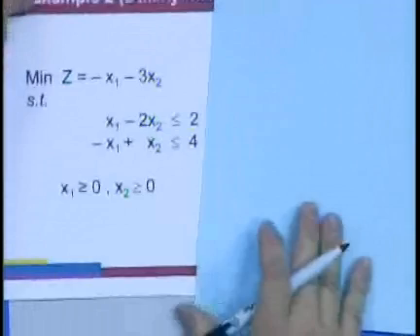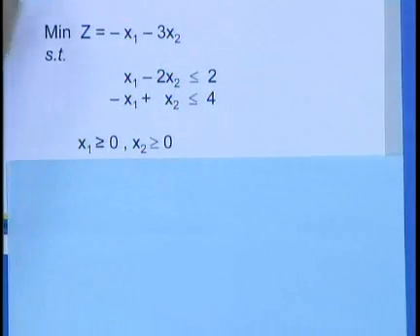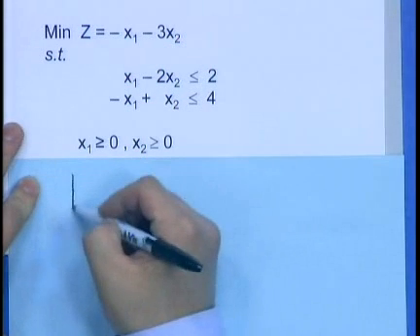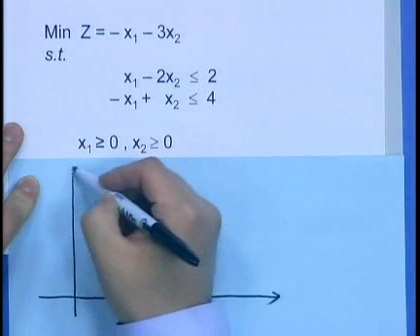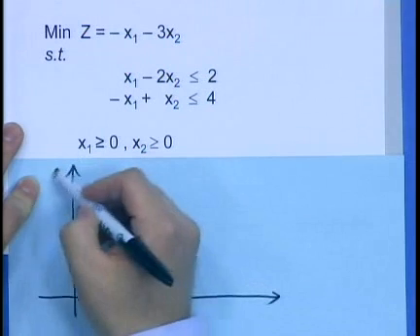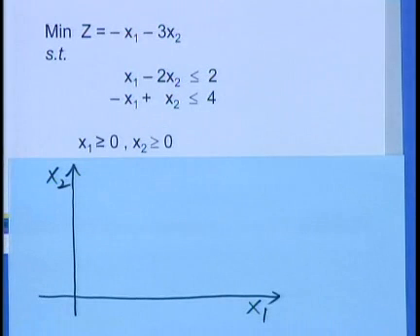Okay, so again, vertical axis is x2 and horizontal axis is x1, right?